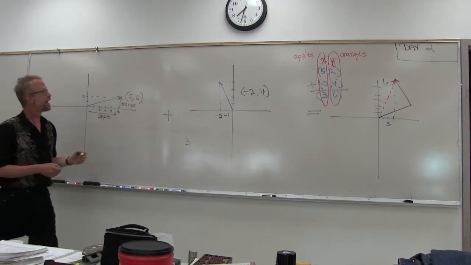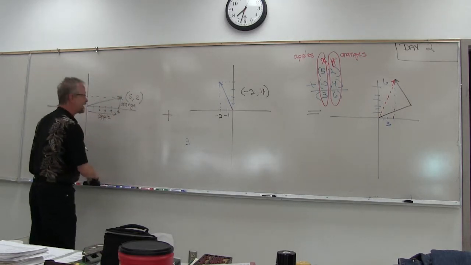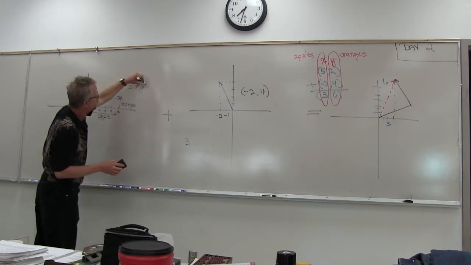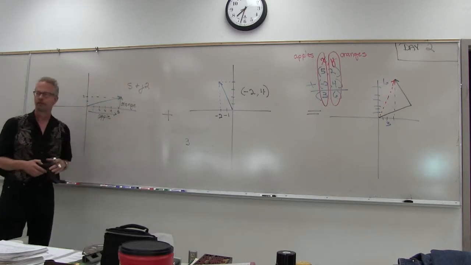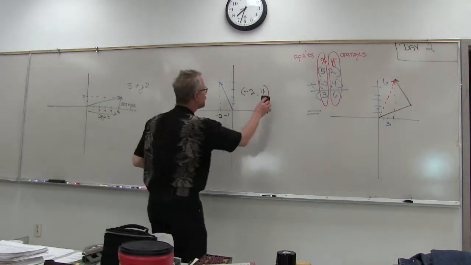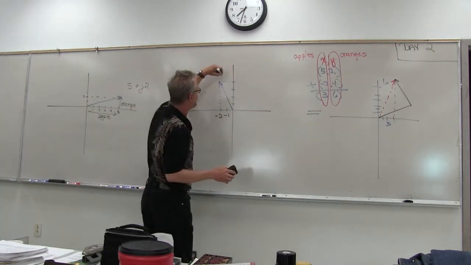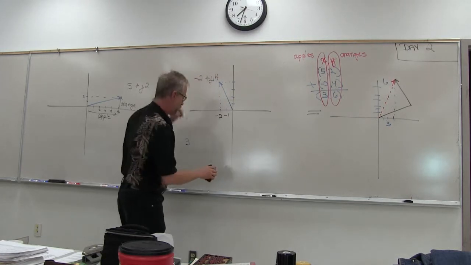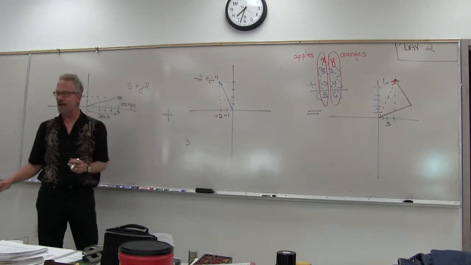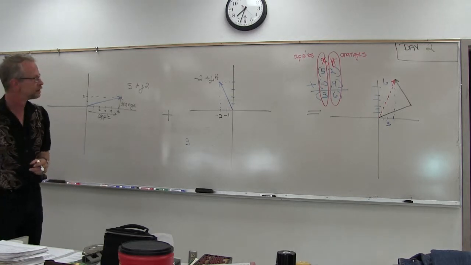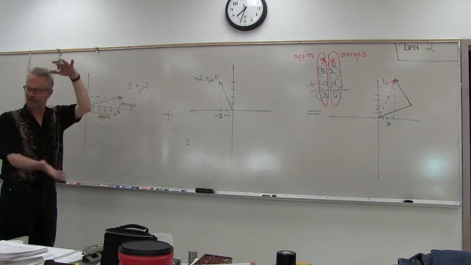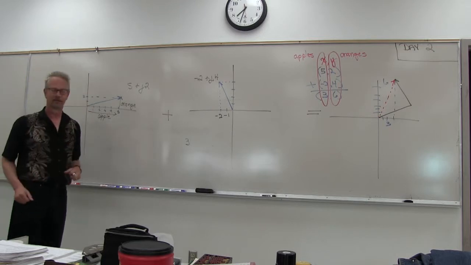And we're going to do that by making this 5 plus j2, and this one is going to be -2 plus j4. We're going to use the j operator to indicate that that is a y direction.